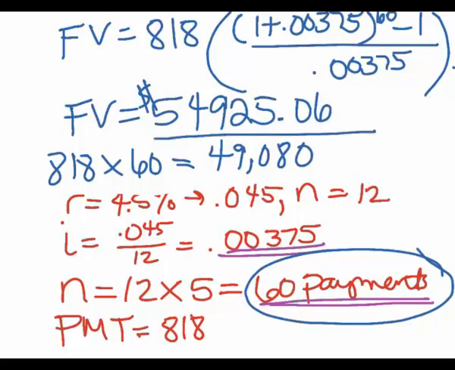So to get interest, I'm going to take how much money is actually in the account, and I'm going to subtract how much money you put in the account, and that will give you your interest. So that is $5,845 approximately. $5,845 of interest.